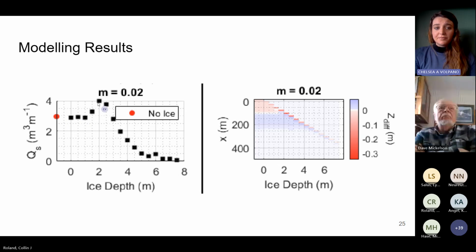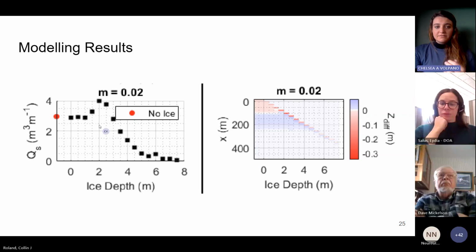That occurs some depth offshore, which we found super interesting because you would assume that if part of the beach is completely closed off to sediment transport, you wouldn't be seeing as much movement. What we found was this paired pretty well with the depth of wave breaking, the point in the surf zone where the waves are breaking relative to the ice depth.